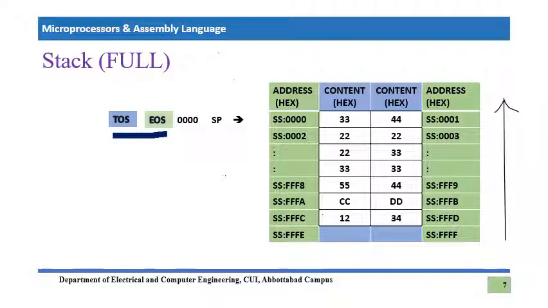So both of these values are equal in this particular case. We have considered the empty stack case, and now the full stack case. In this case, end of stack and top of stack are both equal, and the value of the stack pointer is 0000.